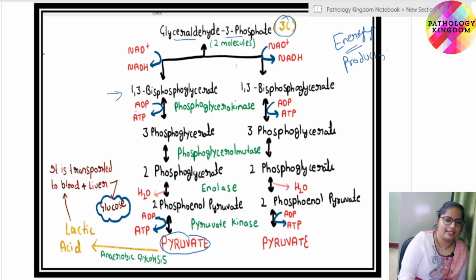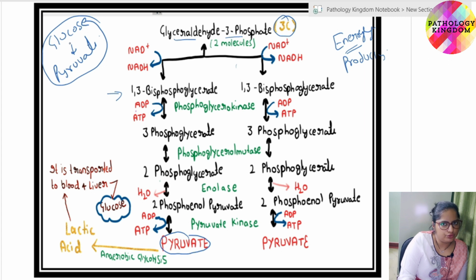This is the cycle in which glucose is converted into pyruvate. It has 2 phases, energy consuming and energy producing. So this is the energy producing phase.